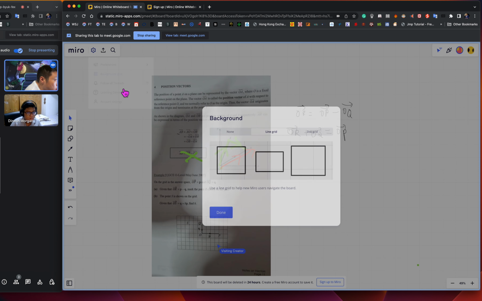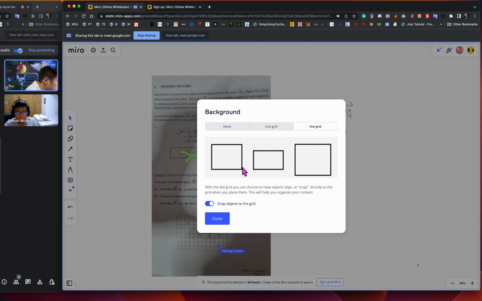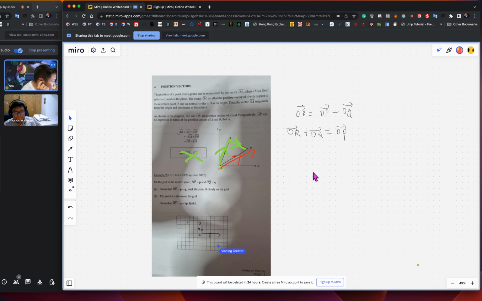So in a way, I can set the background grid. Line grid, dot grid. What's a line grid? What's dot grid? Use the line grid to help you navigate the board. So it's dot grid. Okay, good. Can you see that the background is a dot grid?